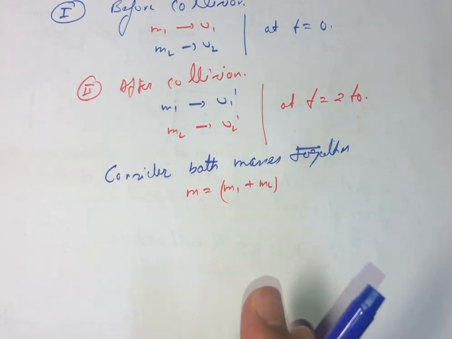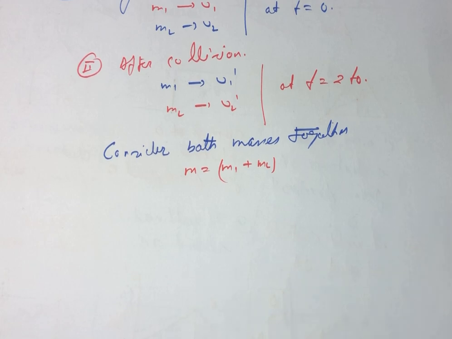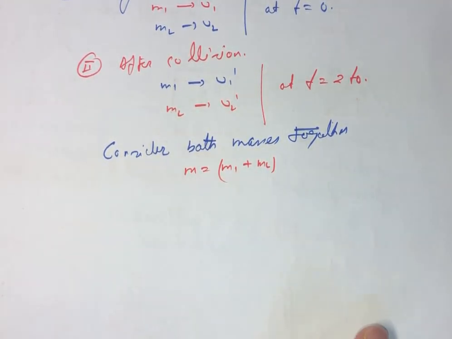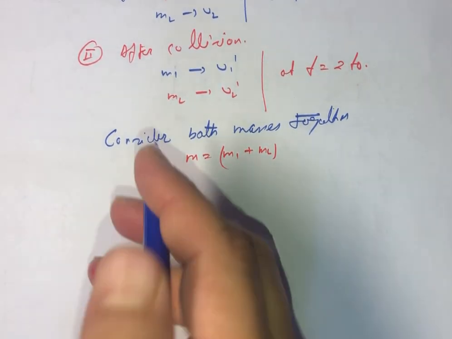Now according to Newton's second law, the force which will be acting on this combined mass will be given as F is equal to ma.